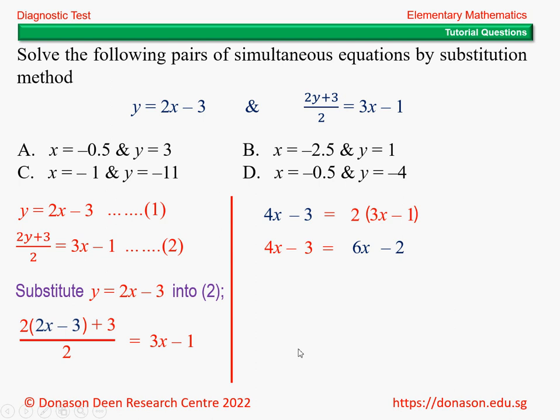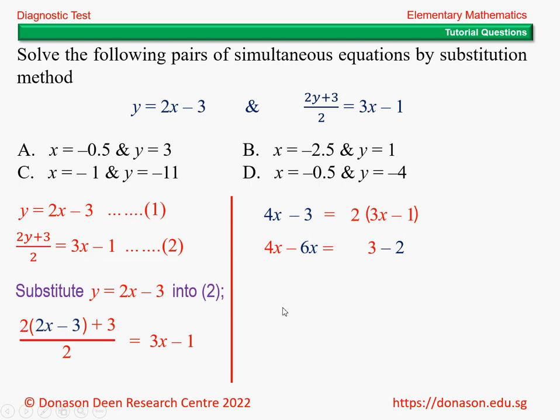And then let's group the x's to one side and all the constants to the other side. So I had a positive 6x. If I throw it to the left side, it becomes negative 6x, and that's why it becomes 4x minus 6x. I had a negative 3 on the left side, which I throw over to the right side, it became positive 3. So now we have all the x's on one side and all the numbers on the other side.